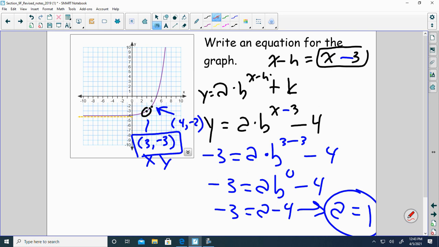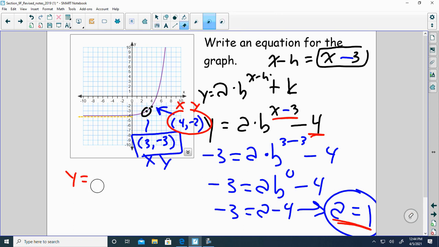Okay, so let's use this xy value and plug in everything we know, including we have our a term, we know this term, we know this term. So I'm going to get y equals a, which is 1, times b, we don't know yet.